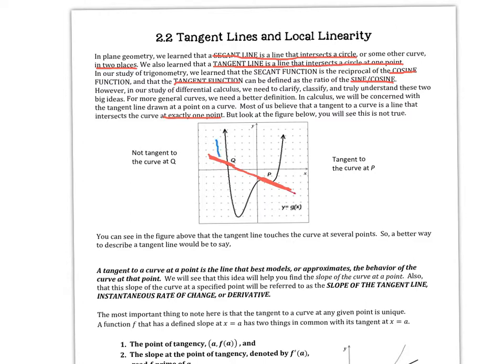Hold on, let me erase that. Okay, we would have a line at that point, right there, just barely hitting Q. But P is actually tangent to it. So let's move on.